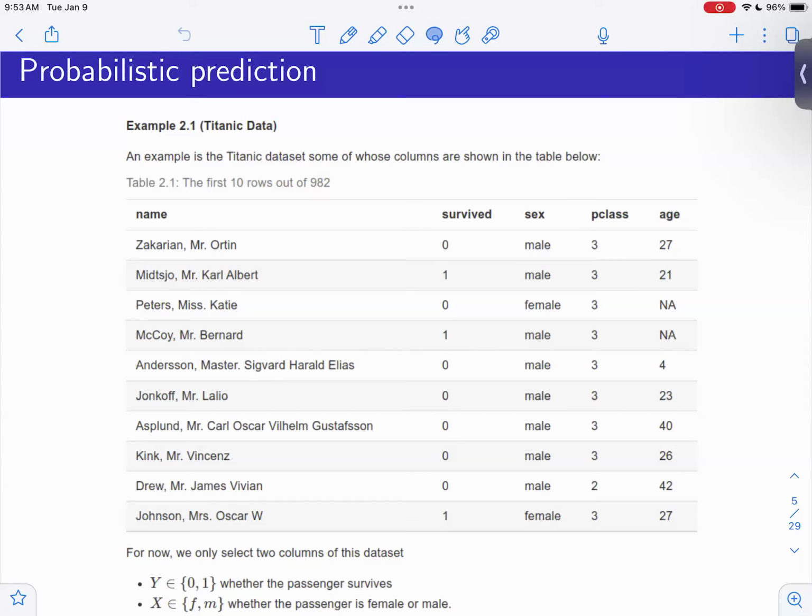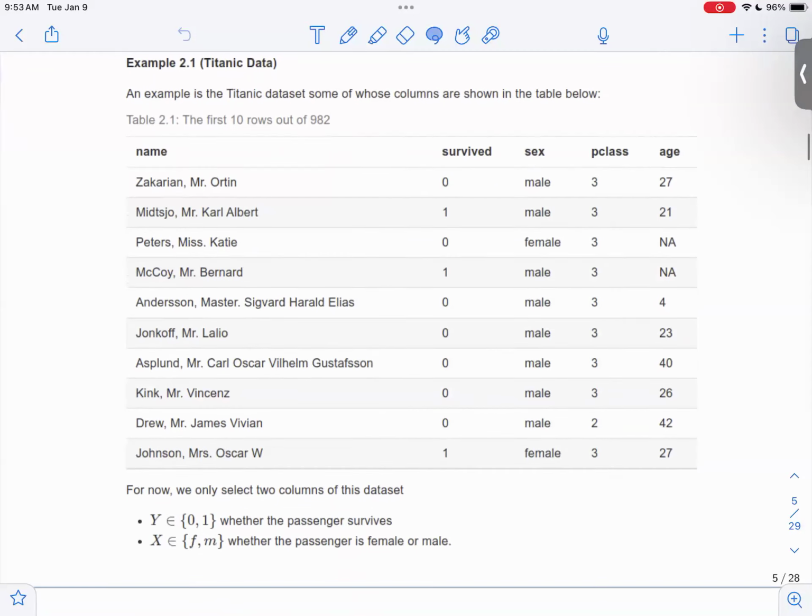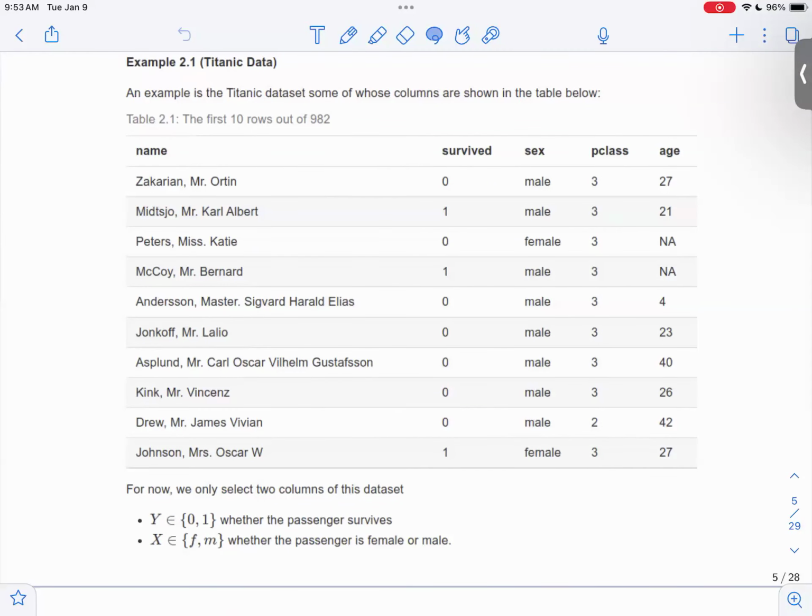And then I'm going to use the sex variable, which is going to be our X. So X is categorical, it takes 2 values. Y is categorical, it takes 2 values. It can't get simpler than that. So let's see what we can do here. I want to build up towards what is optimal here. So Y takes these 2 values, and X takes these 2 values.